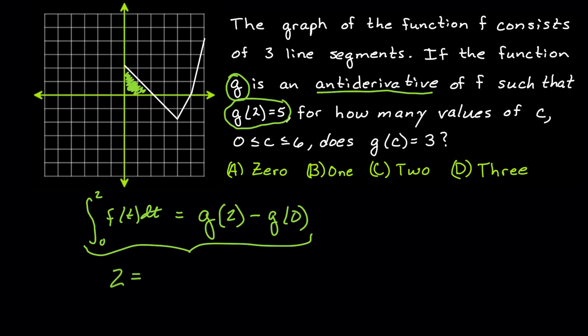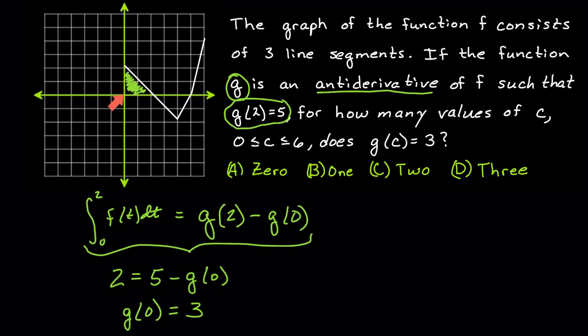Well, g of 2, what value was given to us right here, g of 2 is 5. So we can put 5 in here. Minus g of 0, which we can now solve and get g of 0 is equal to 3. All right, so let's think about this for a minute. G of 0 means that's the value that we are starting with, which is 3.